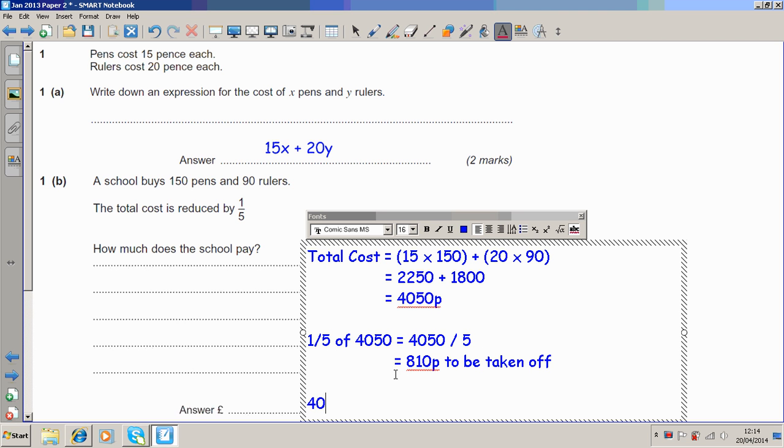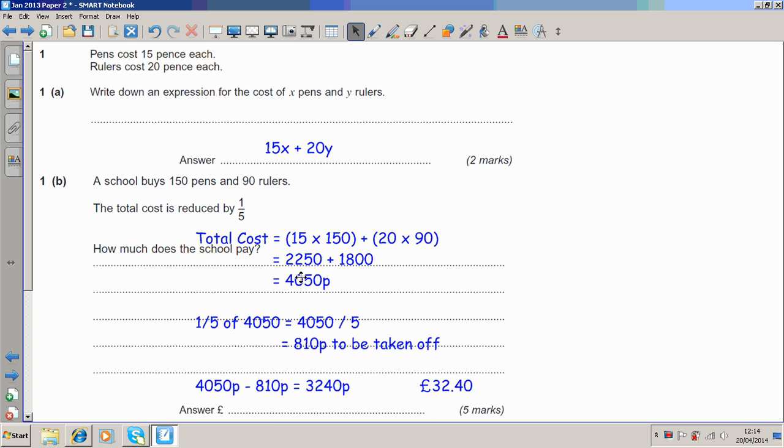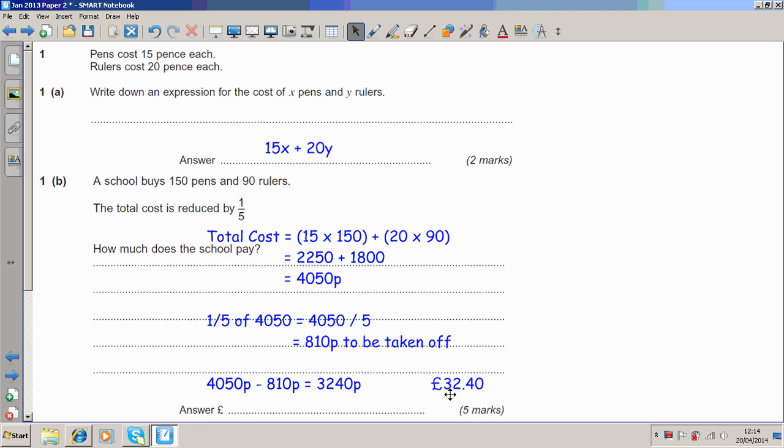So your total cost is 4,050 minus 810, 3240 pence, which we can then write in pounds as £32.40. So £32.40.